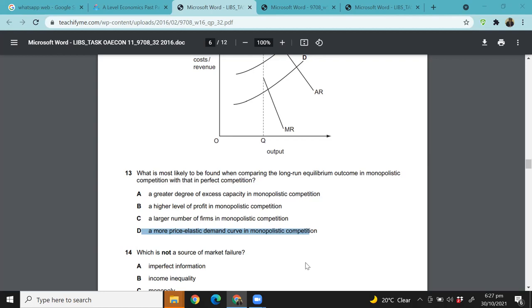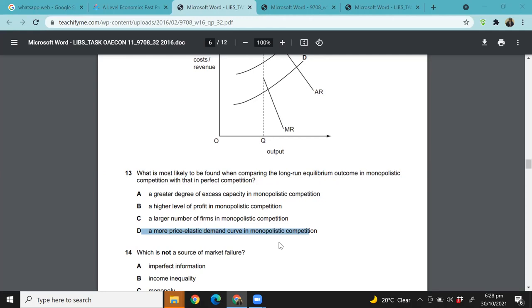Also, B is incorrect. A higher level of profit in monopolistic competition? No, in the long run, both in perfect competition and in monopolistic competition, you are earning normal profit. Is it making sense? Right, absolutely, very good.